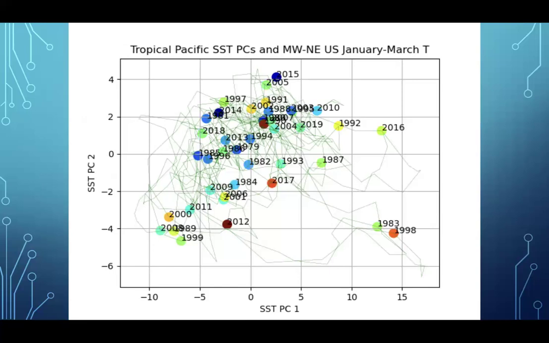So looking at the 3-month average, you still get clustering at the top end. So the general story is if you want to make a seasonal forecast, you would want to be basing it more on the Central Pacific mode than the East Pacific mode.